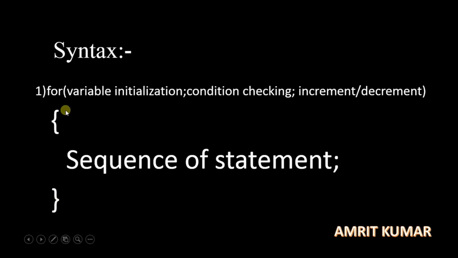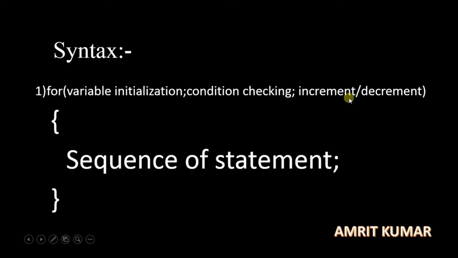Actually, how it works is that first it initializes the variable. After initializing the variable, it checks the condition. If the condition is true, then this sequence of statements is executed. After completing this sequence of statements, control comes to the increment or decrement.